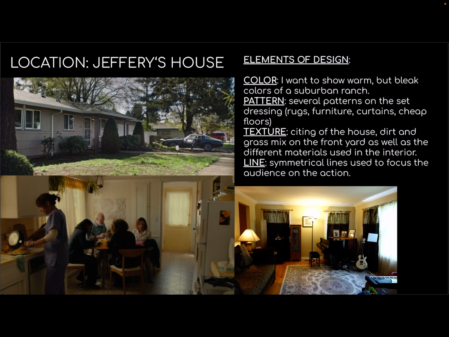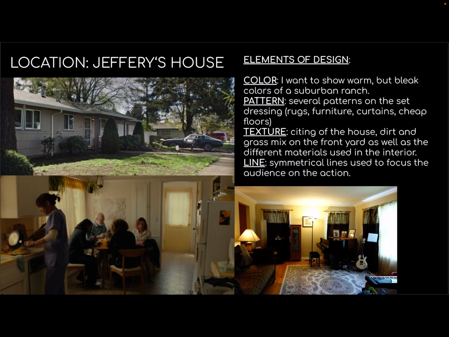With patterns, I want to see several patterns on the set, including rugs, furniture patterns, curtain patterns, cheap floors. In this script, the house is owned by Jeffrey's dad, and it's clear that he does not have a knack for interior design. But I see the siding on the house having a lot of texture, and even the yard work itself, you can just see it's not super kept up.